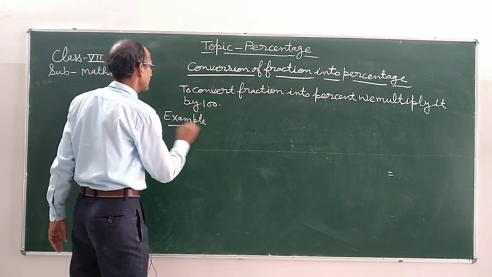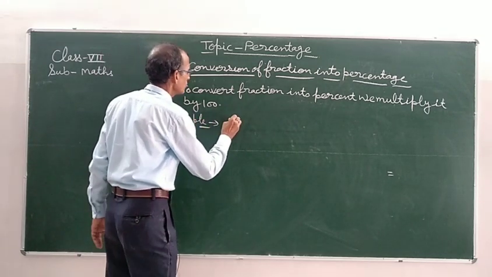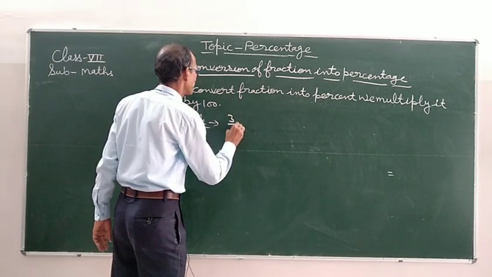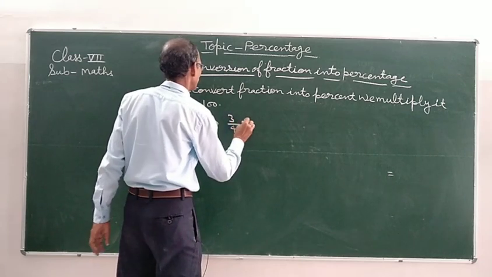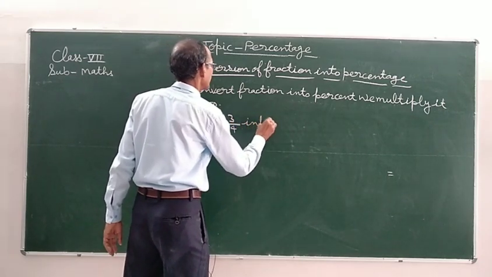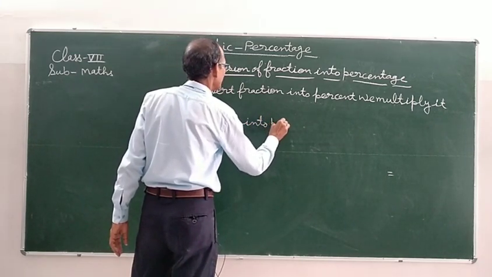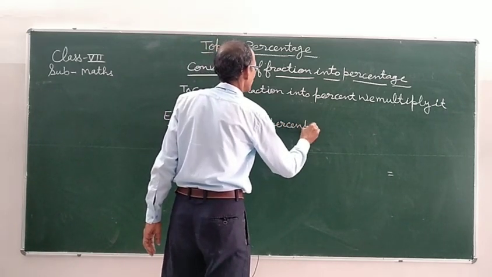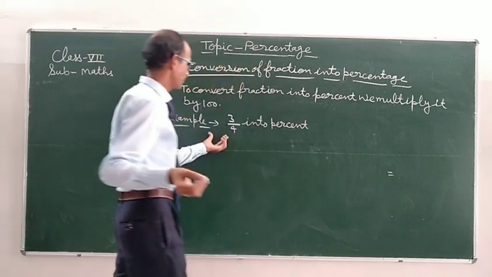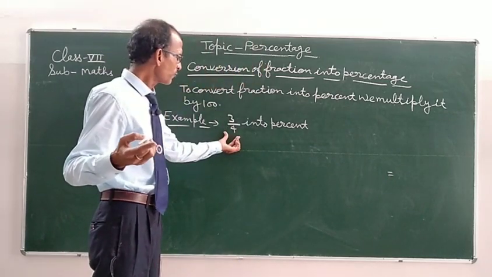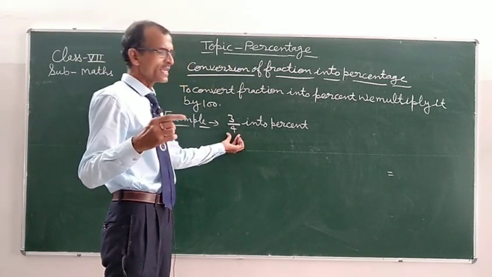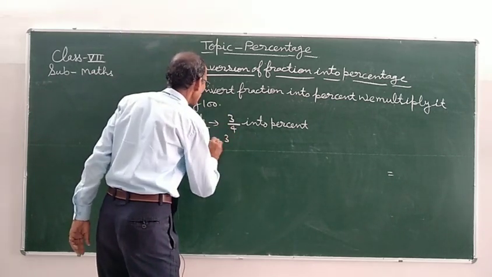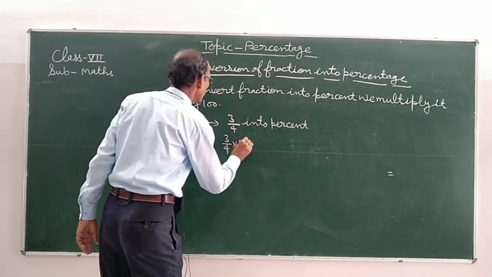To convert 3/4 into percent, we multiply this fraction by 100. 3/4 into 100.